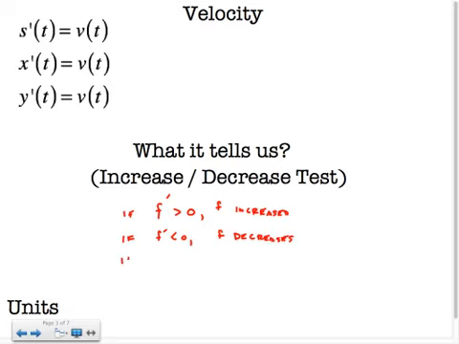And if f prime happened to be equal to 0, then f was not changing, f was constant. f had a horizontal tangent line. So f has no change.